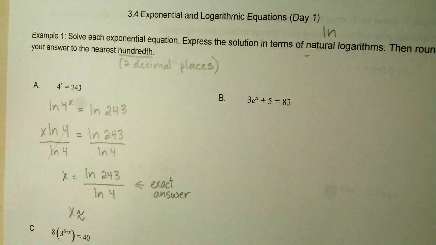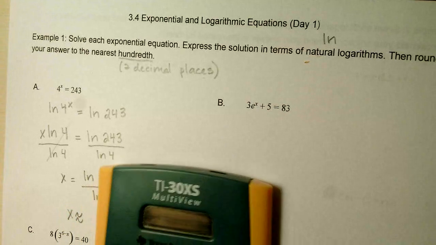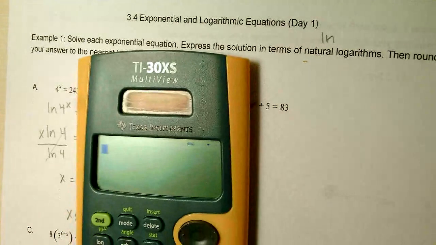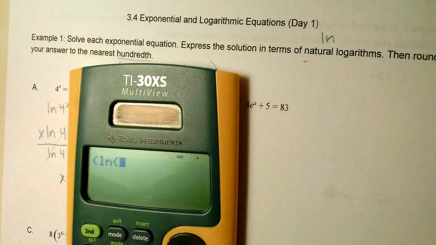You're going to need a calculator for this. Thank God we don't have to use those log tables that I showed you the other day. So we are going to grab our calculators and type in the natural log. I'm going to type in the natural log of 243.